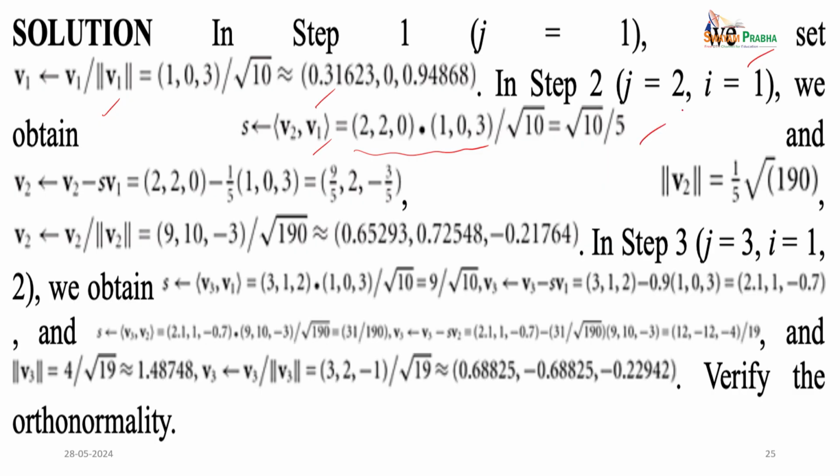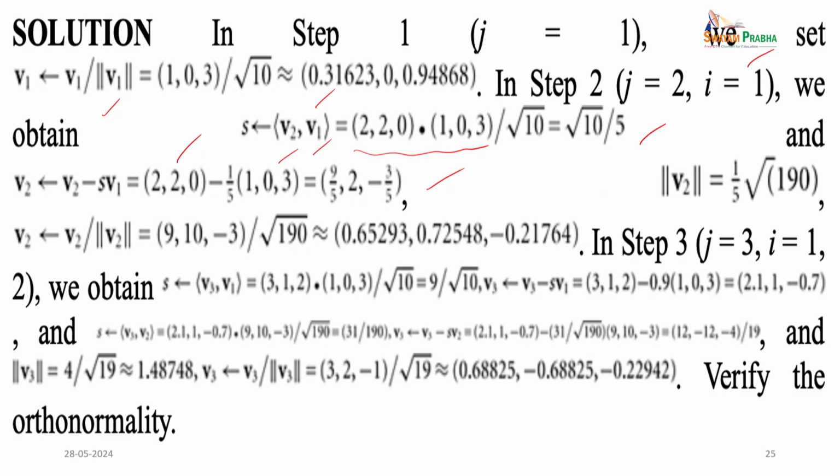Then V2 equals V2 minus S V1. V2 is 2 2 0, and S we just generated is root 10 by 5, or 1 by 5 of 1 comma 0 comma 3. Simplifying, we get 1 by 5 of 9 comma 10 comma minus 3. Then V2 maps to V2 by norm V2, and we have the values 0.65293, 0.72548, and the third one minus 0.21764. So, this is step 2.